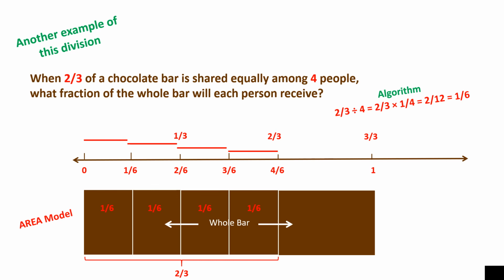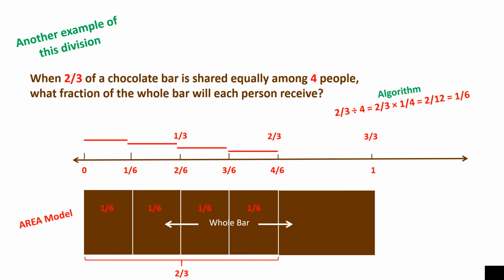We've taken 2 of those 1/3, and we've divided that 2/3 into 4 equal parts. At the bottom, we have an area model for the same problem. We have an entire bar, 2/3 of the bar, and the 2/3 of the bar divided into 4 equal parts.